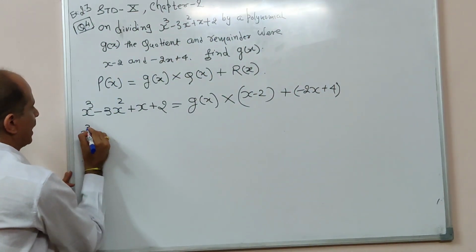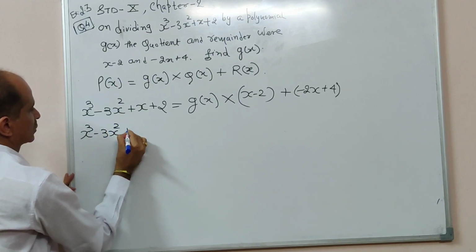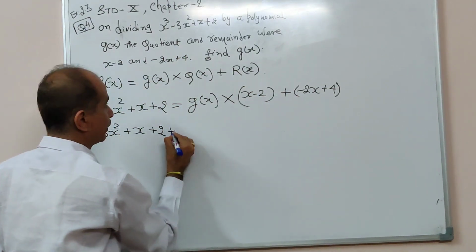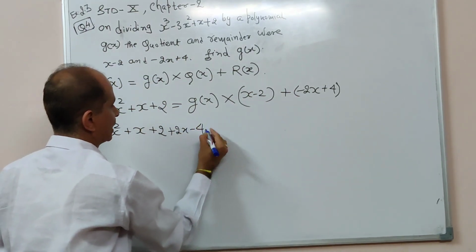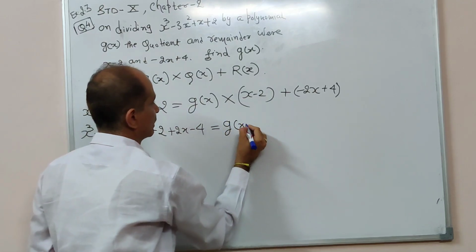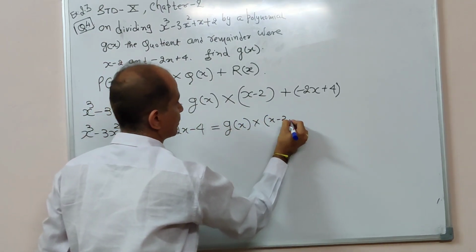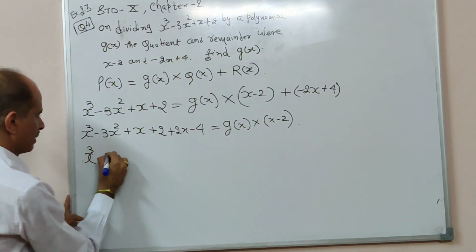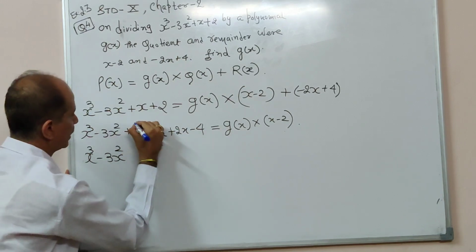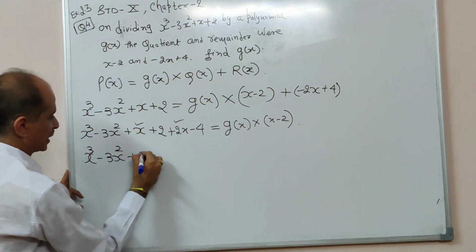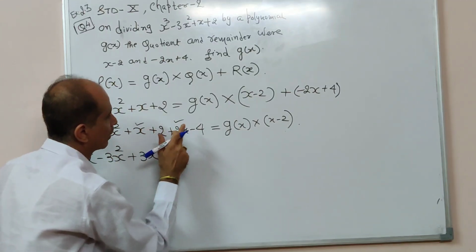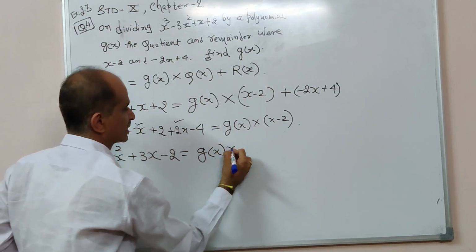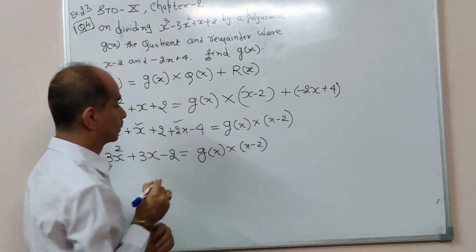So what do you get? x cube minus 3x square plus x plus 2, this becomes plus 2x and 4 becomes minus 4, is equal to g(x) into x minus 2. So x cube minus 3x square plus x plus 2x becomes plus 3x, and 2 minus 4 becomes minus 2, is equal to g(x) into x minus 2.